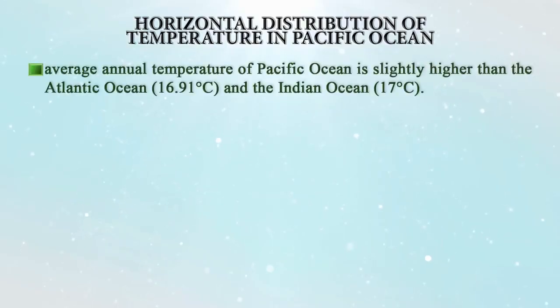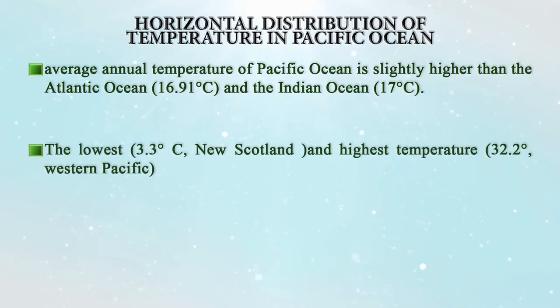Let me first explain the horizontal distribution of temperature in the Pacific Ocean. Average annual temperature of the Pacific Ocean is slightly higher than the Atlantic Ocean and Indian Ocean. The lowest temperature is about 3.3 degrees centigrade, which is recorded near Nova Scotia, and the highest temperature is about 32.2 degrees centigrade, recorded in the Western Pacific Ocean.